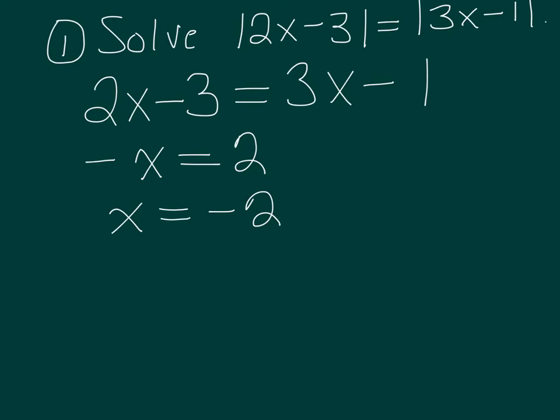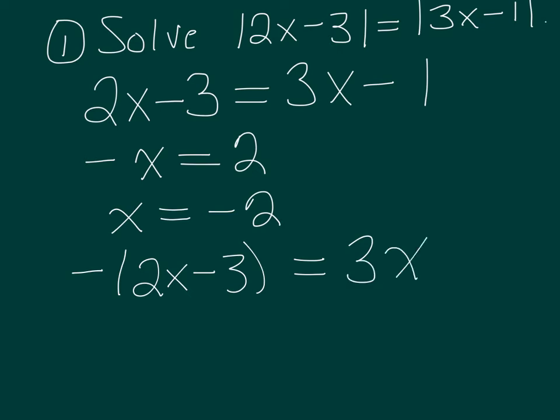So we will just solve the equation minus 2x minus 3 is equal to positive 3x minus 1. So the case where the absolute value of 2x minus 3 is negative and the absolute value of 3x minus 1 is positive. Okay? So we go ahead and we solve this linear equation.